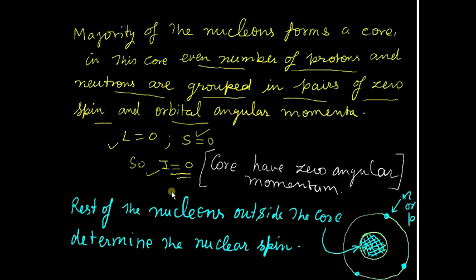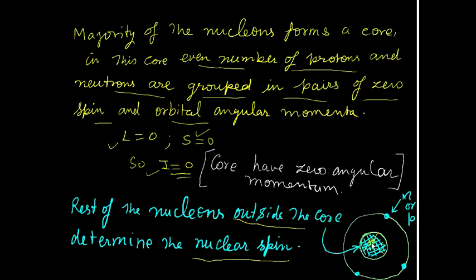In a nucleus, even numbers of protons and neutrons are grouped in pairs, and as a result they provide L equal to 0 and S equal to 0. Now the rest of the nucleons outside that core determine the value of the nuclear spin.